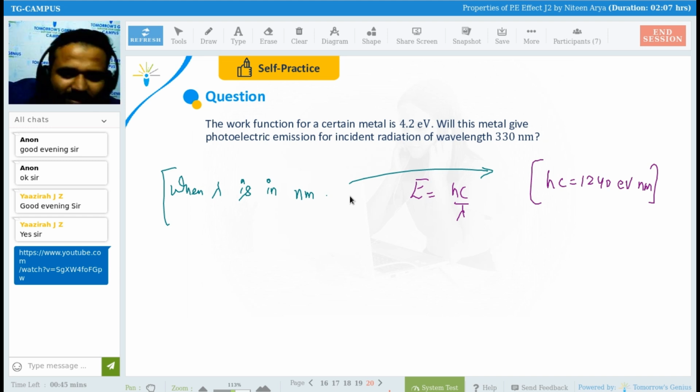Huh? How is it going to be? I told you to use this formula, na? Why do you still use 10 to the power minus 17 and so on? Lambda is in nanometer, na? So automatically, if your energy is going to be more than the work function, it will emit. Obviously it is less than this. But how is it?